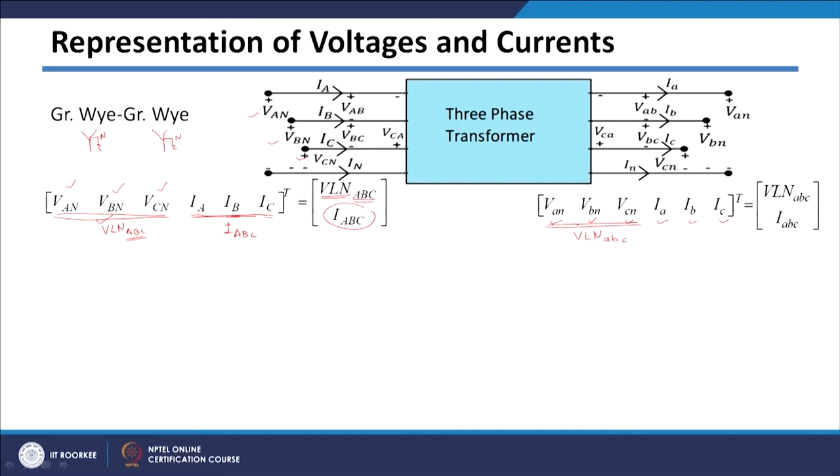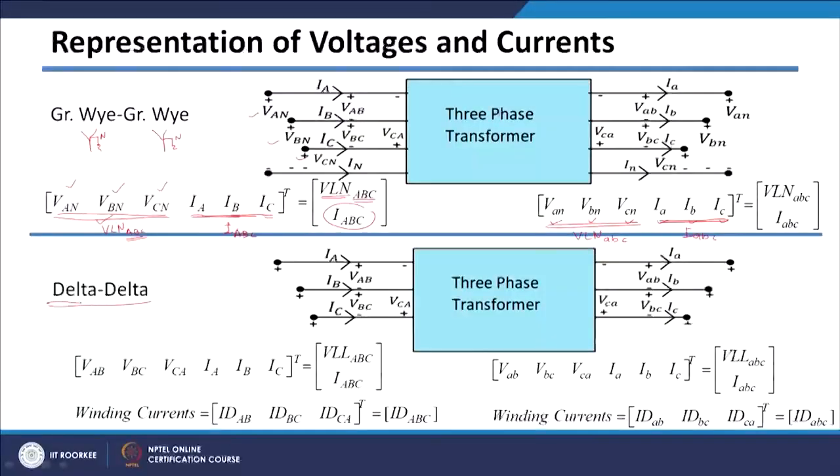So these three terms will be written as VLN ABC, and these three currents will be just IABC. So this is the representation of voltages and currents if there is star connection on the primary and secondary side, or maybe primary side or secondary side.